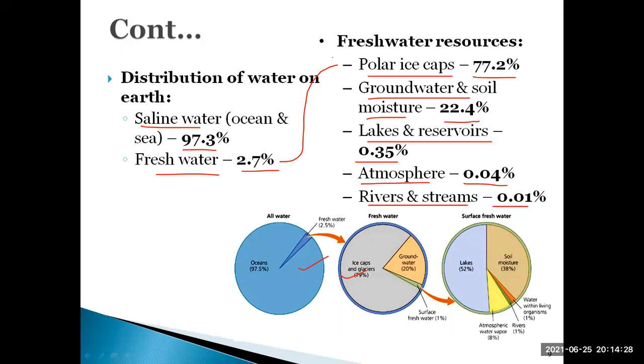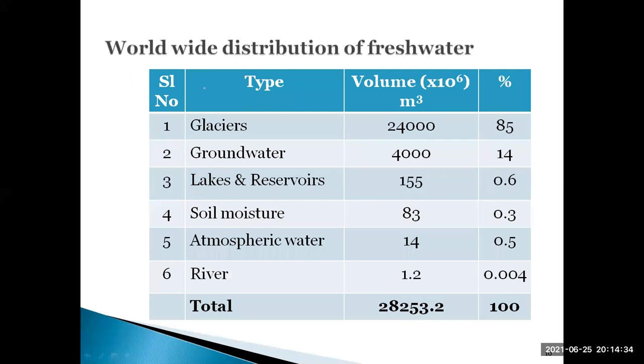So this is the water distribution of the fresh water and the salt water. Throughout the world, these are the freshwater resources like groundwater, rivers, atmospheric water, and the ice caps.